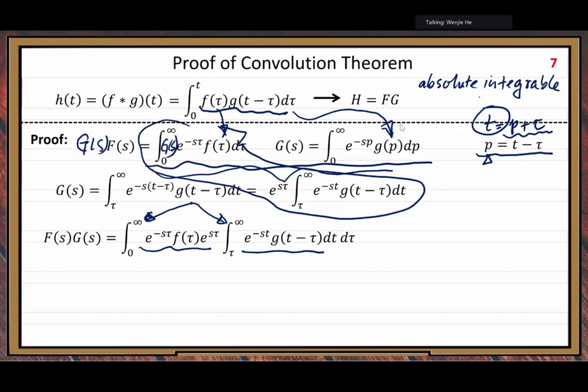So we need to make d tau in the inner integral and dt in the outer integral. So these two also change: d tau inside, dt outside. But when we do that change, we need to calculate the integral limits carefully.